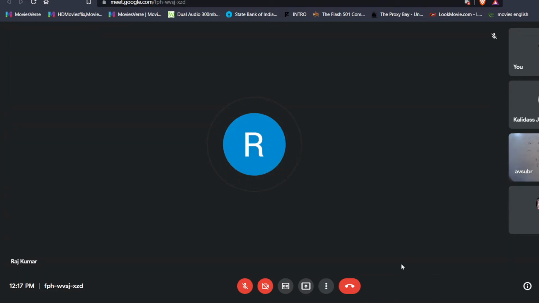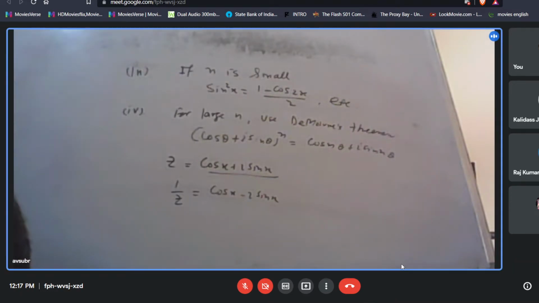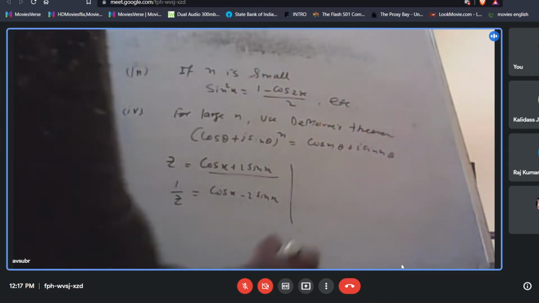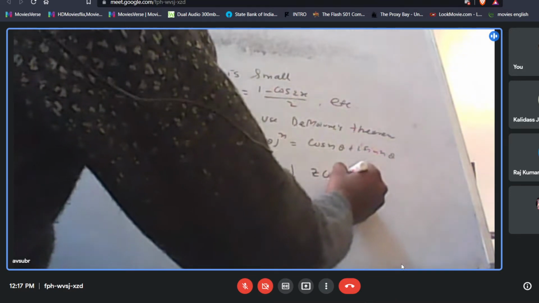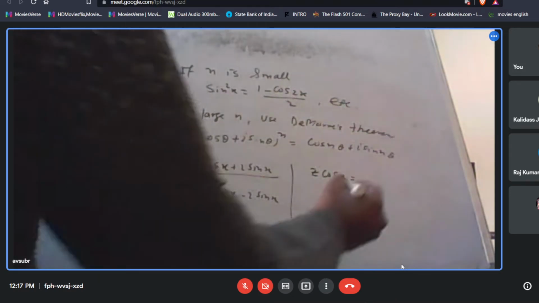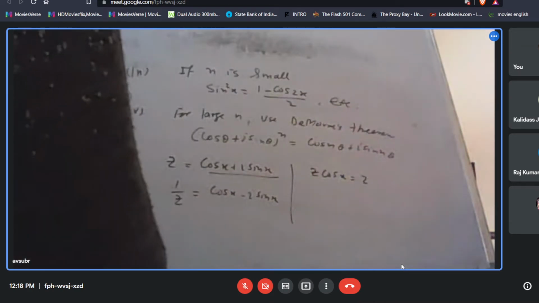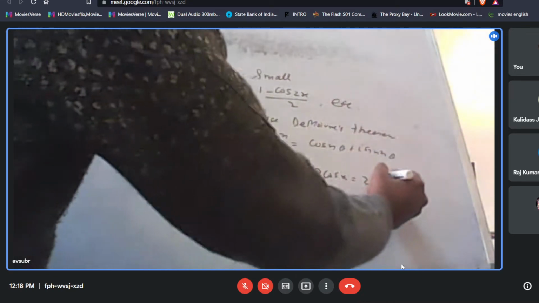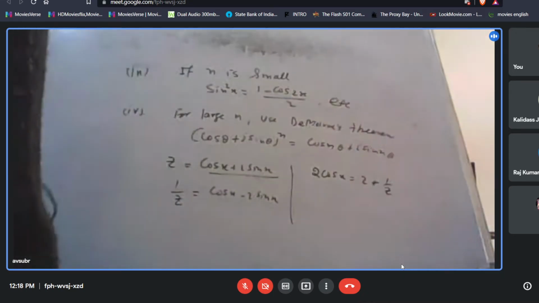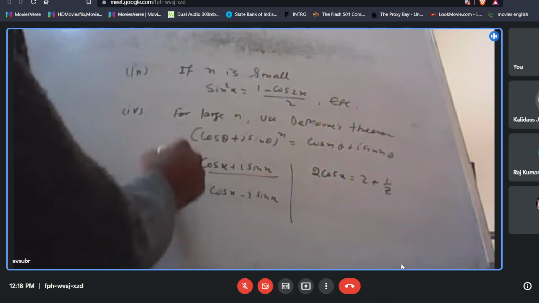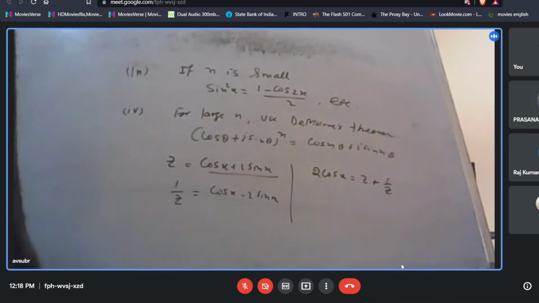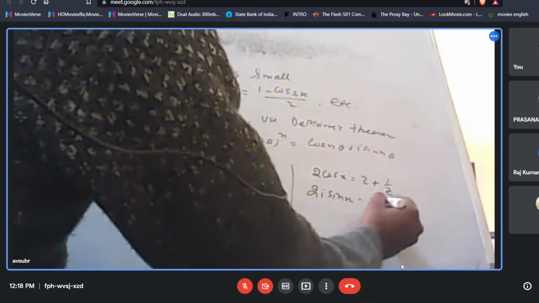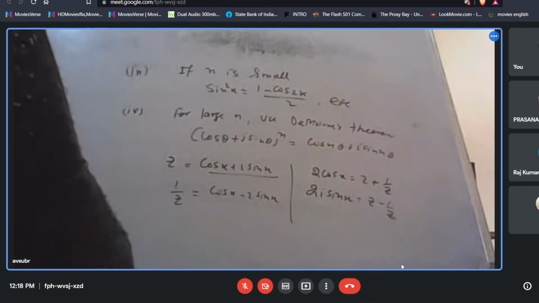Right? Then, adding these two, the sine terms will cancel. 2 cos x is equal to z plus 1 by z. And 2i sin x is equal to z minus 1 by z, right?